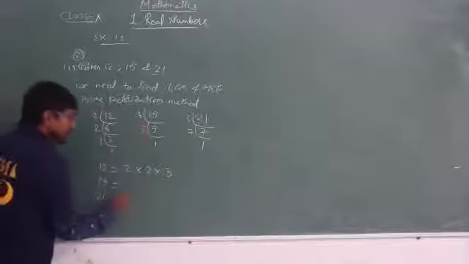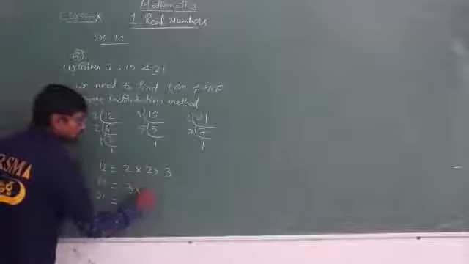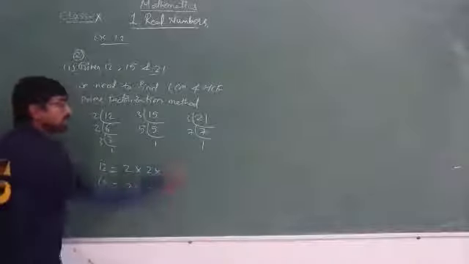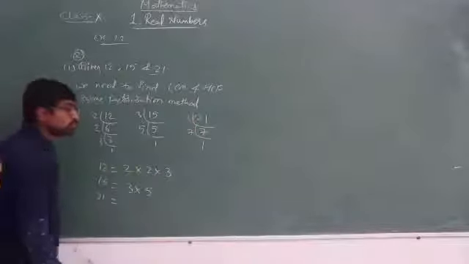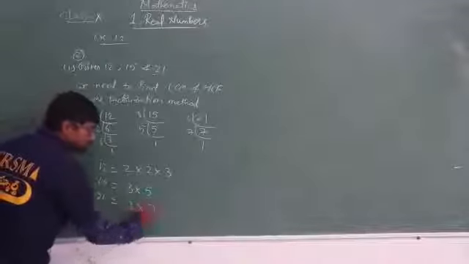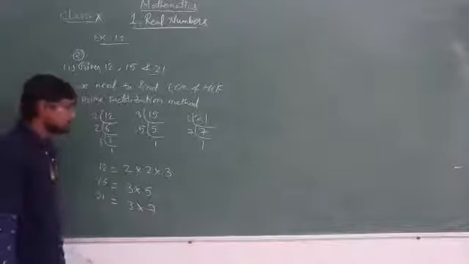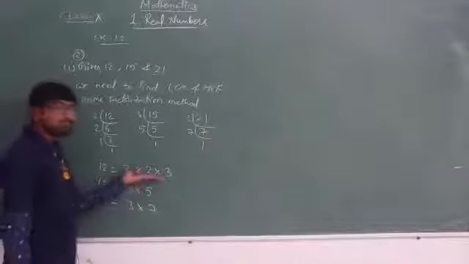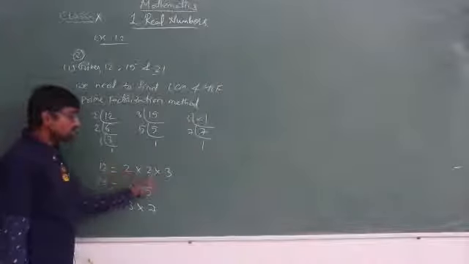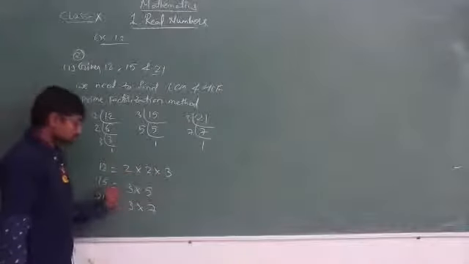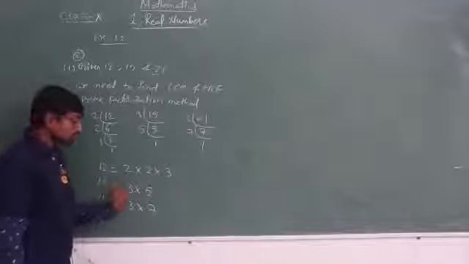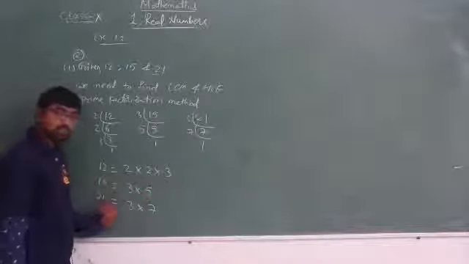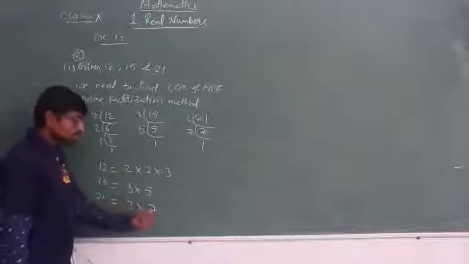Similarly, for 15, prime factors as 3 into 5. And similarly, I can write the product of primes of 21 as 3 into 7. The product of primes of 12 are 2 into 3. Product of primes of 15 are 3, 5. Product of primes of 21 are 3 and 7.